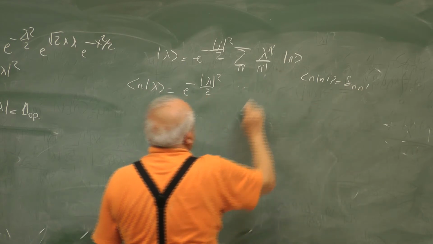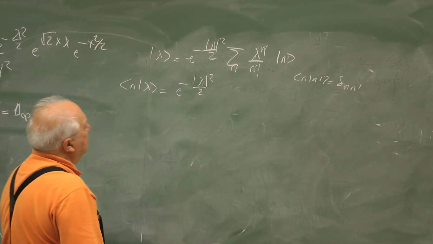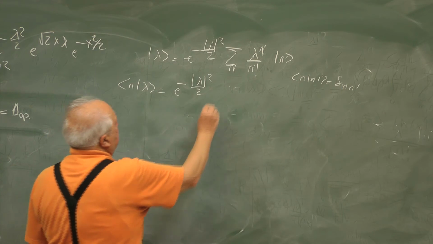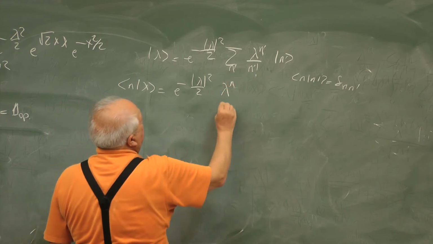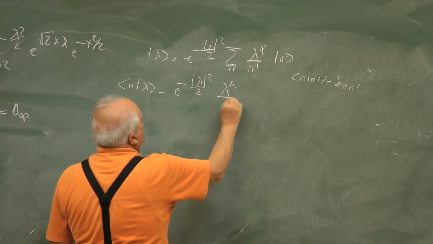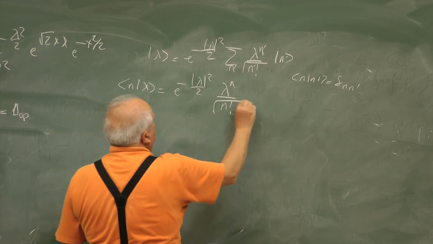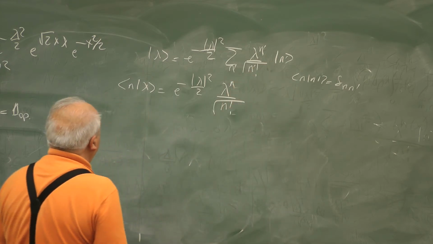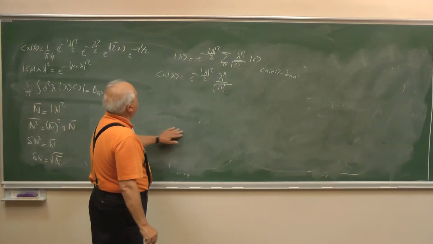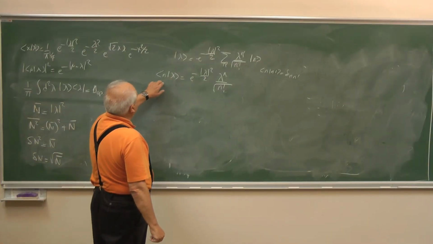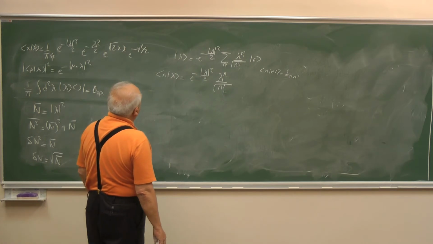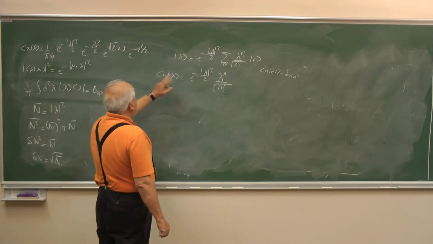So from this sum it will only pick n prime equal n, so it is lambda to the n over root n factorial. This is the amplitude of finding lambda in n or n in lambda.